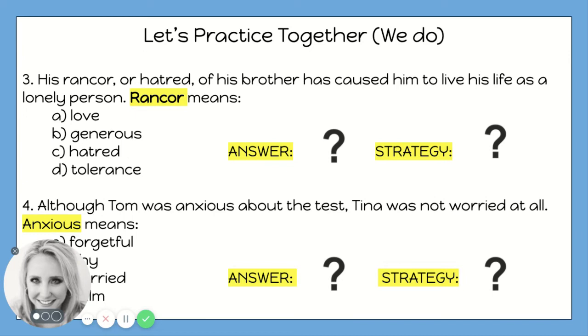Okay? Rancor or hatred of his brother has caused him to live his life as a lonely person. Think about what your answer might be. Think about what your strategy might be. I want you to eliminate 2 choices.